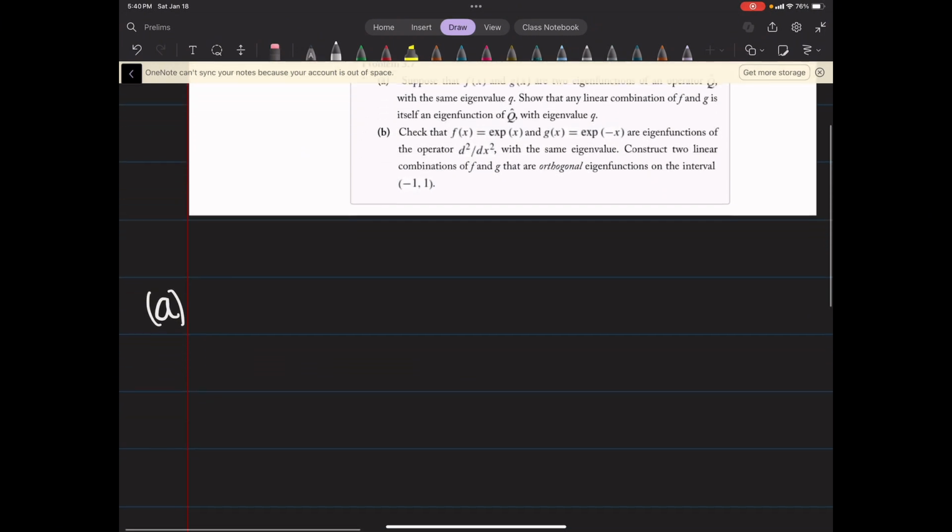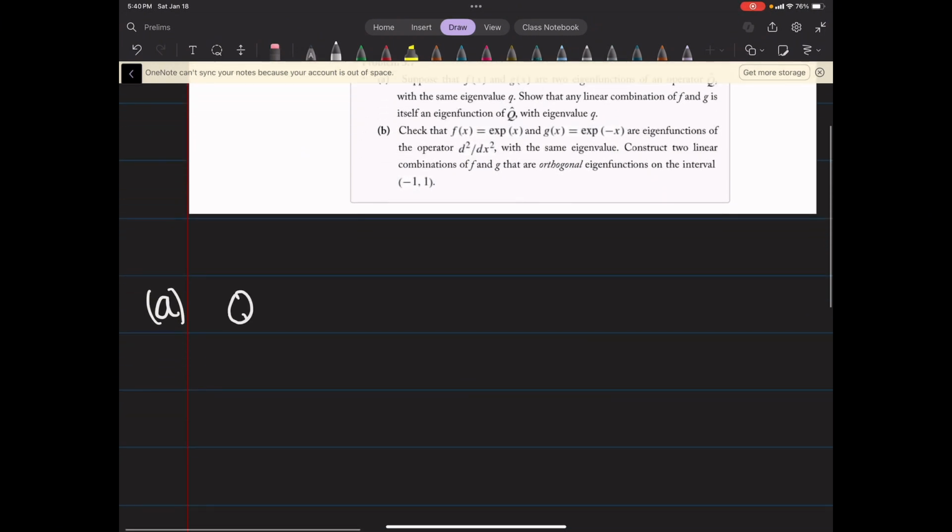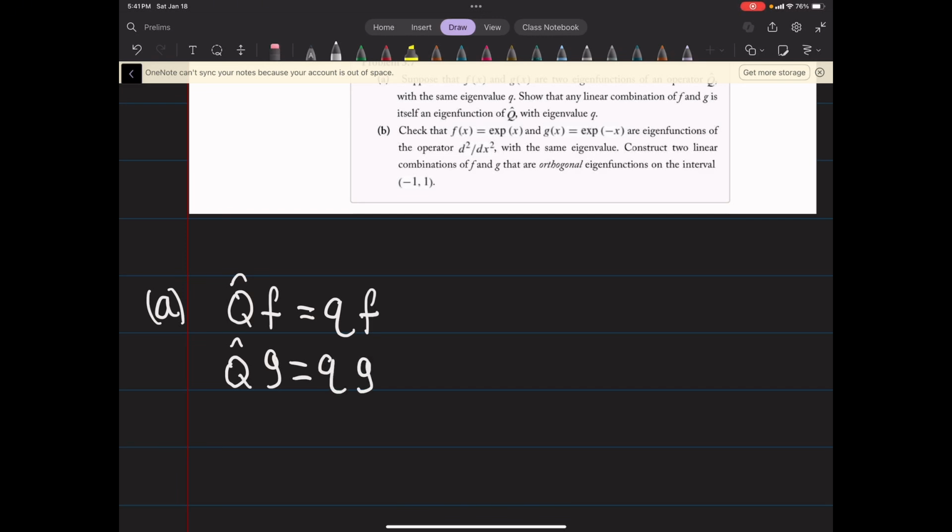So what this is saying is that if we let the operator Q act on f, you get an eigenvalue times f. That's what it means for those to be eigenfunctions of the operator Q. And we can say the same thing with g. And they're both equal to q because it's stated so in the problem.